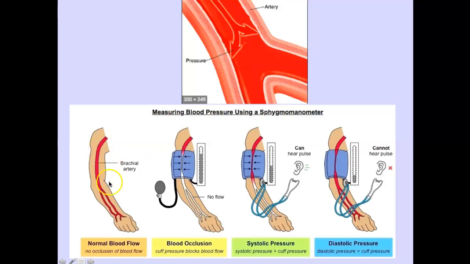And what they measure with this thing here called a sphygmomanometer, I can't even say it, is basically when you have the cuff, you push on the blood vessel itself, so you completely collapse the blood vessel and no blood is running through it. And then you gradually release the pressure and you gradually allow the blood to run back through the cuff.